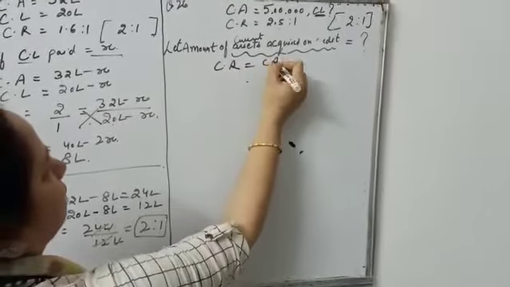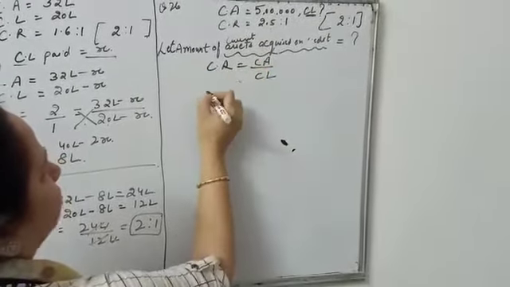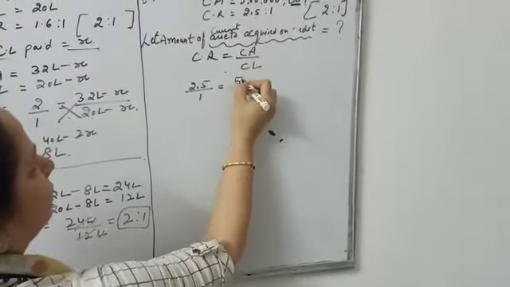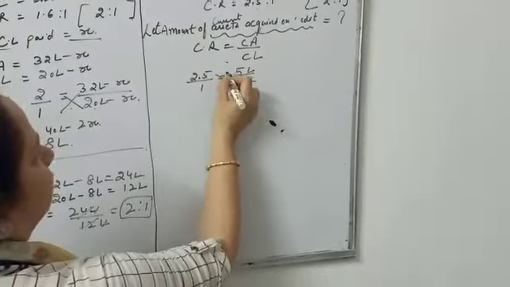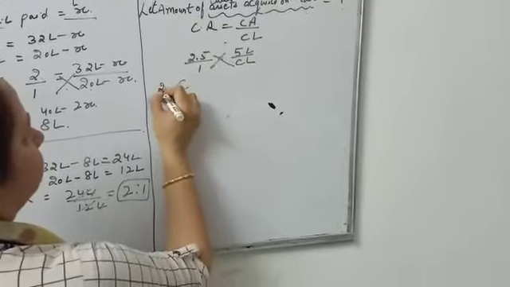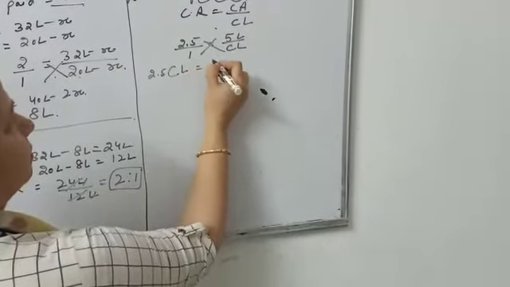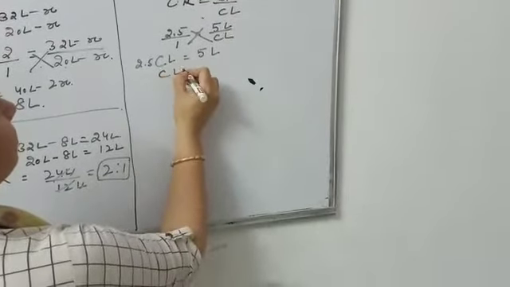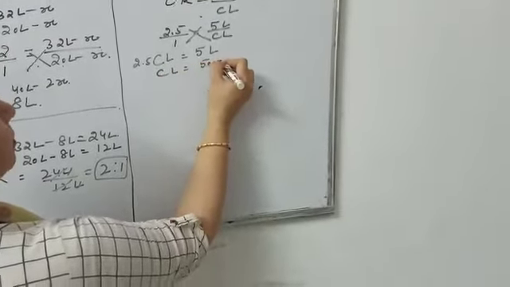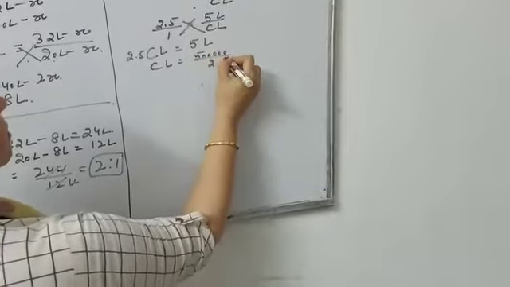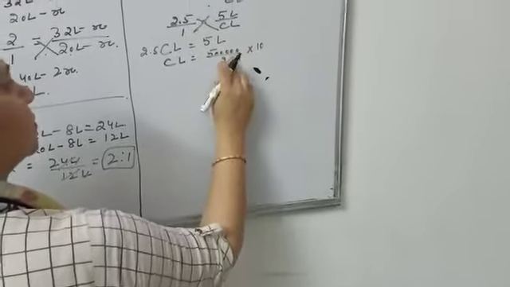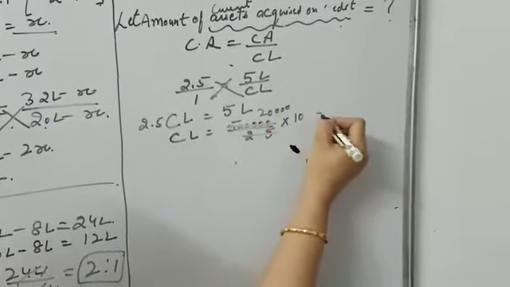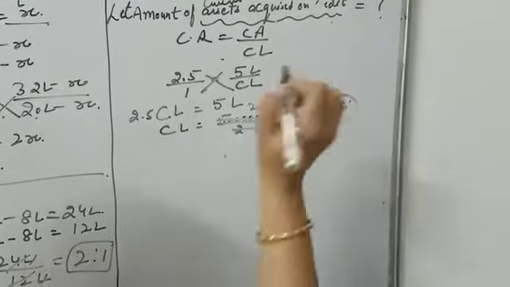Current ratio is equal to CA upon CL. The ratio is given as 2.5/1, our current assets are 5 lakh, then how much liabilities are there? It comes to 2 lakh.